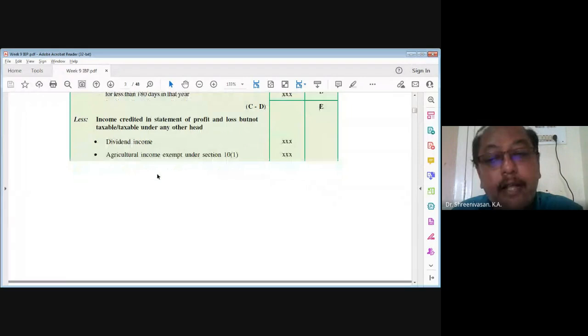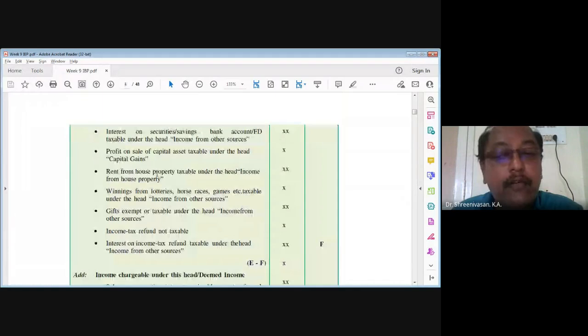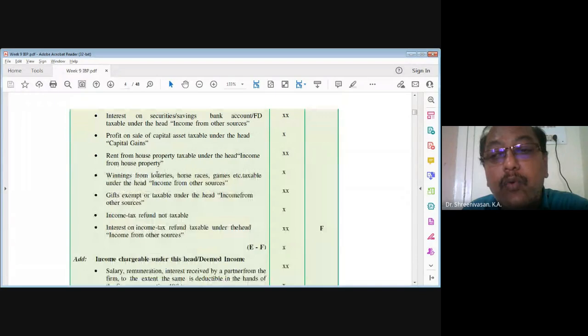Agricultural income exempted under section 10 is another example. And the same goes for interest on securities, savings bank account, FD. In fact, all these interest incomes are going to be taxable under the head of other sources, so you need not show them here. So that should be subtracted out.